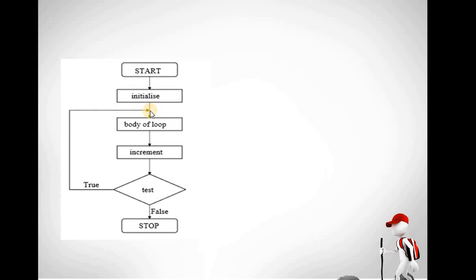There is no condition over here, it just passes to the next level, that is the body of the loop. Execute the statements, increment our variable, the count variable for example, and after that we test that condition, whether it is satisfied or not. If it is true, then again continue the loop. But if the condition becomes false, then stop.